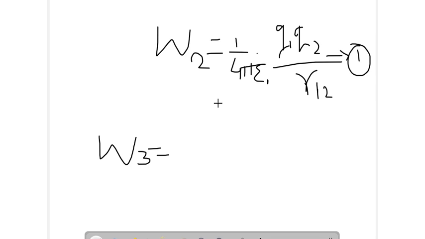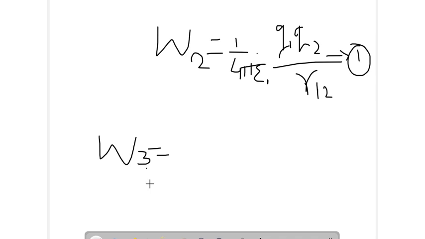So the equation will be, point to remember, if I want to bring the charge Q3 from infinity to a point C, there will be two conditions. That is the potential at C due to the point charge Q1 and the potential at C due to the point charge Q2.